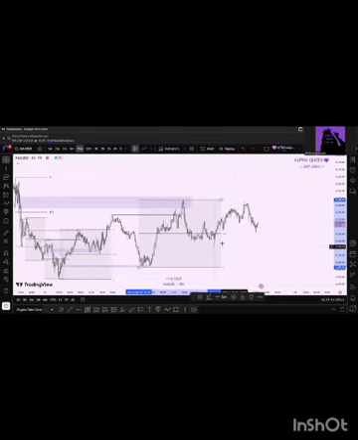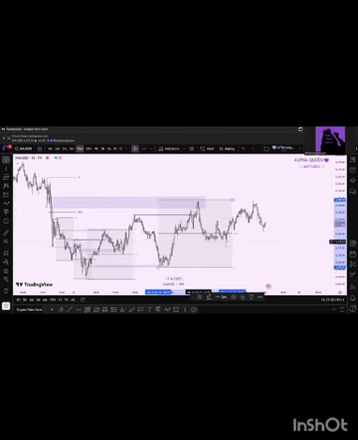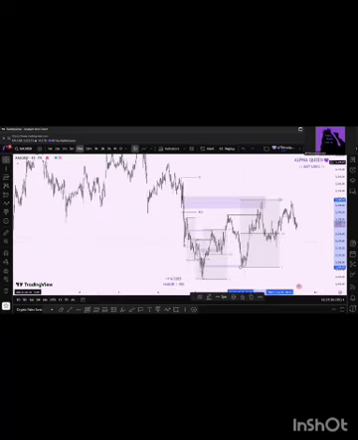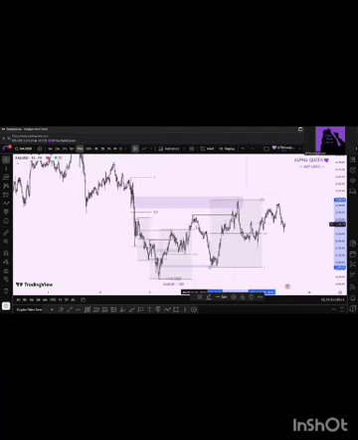Now, if you want to enter for a buy, you want to investigate what's happening here. And obviously, price moves from external to external, right? This is major liquidity, though this is not the major external, because this is the 15-minute time frame, following 15-minute structures. This is the external for the 15-minute structure.